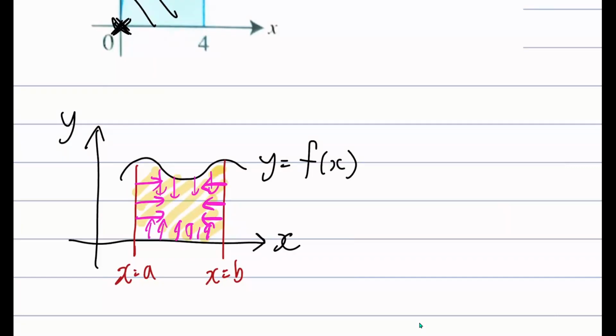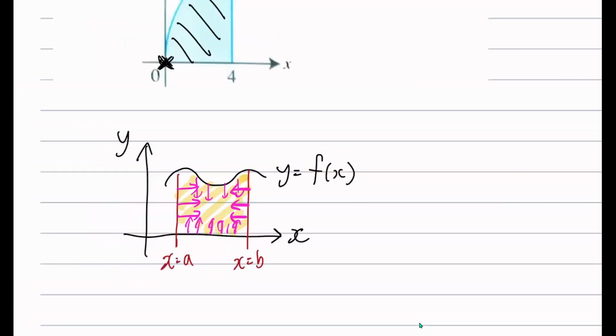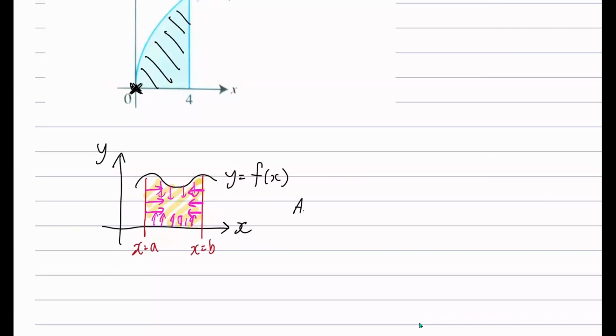Below the function, above the x-axis, to the right of the left boundary x equals a, and to the left of the right boundary x equals b. That area is equal to the definite integral from a to b of the function f(x) dx. Can you remember? Okay, good.